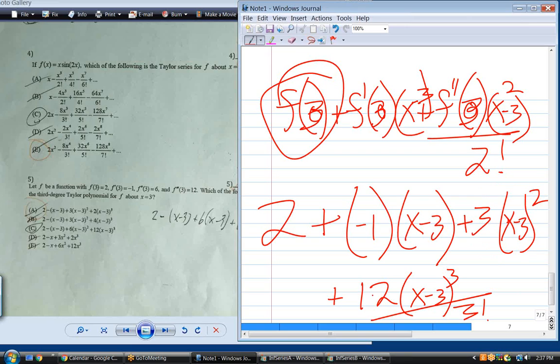And the next term is 12 divided by 3 factorial, which is 6. 12 divided by 6 is 2. Take away the factorial, put a 2 there, and look and see if we have that as an answer. And we do. 2 minus, because of that minus 1, x minus 3, plus 3 times x minus 3 squared, plus 2 times x minus 3 cubed.